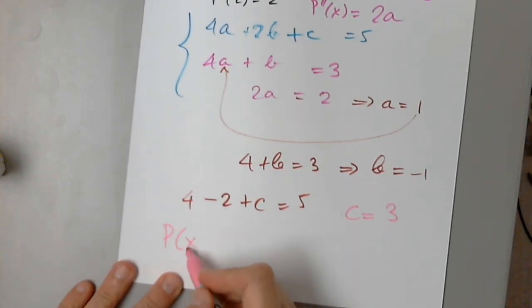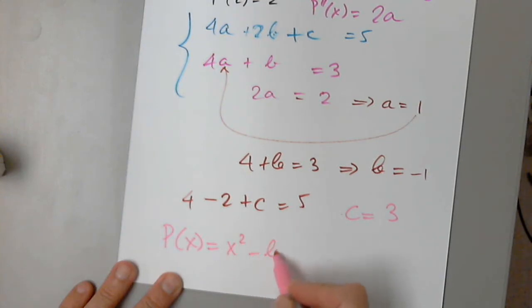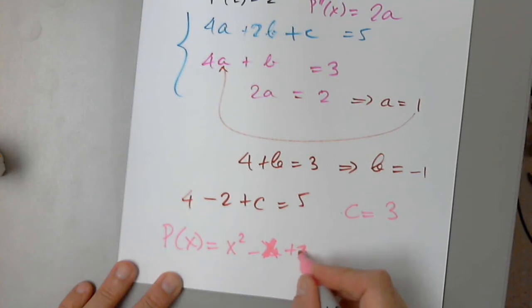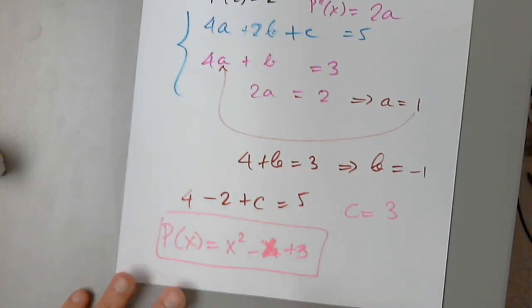So this is a unique polynomial: x squared minus x, of course, plus 3. This is the unique polynomial that fulfills the given conditions. There is no other polynomial that has p of 2 equals 5, p prime of 2 equals 3, and p double prime of 2 equals 2.